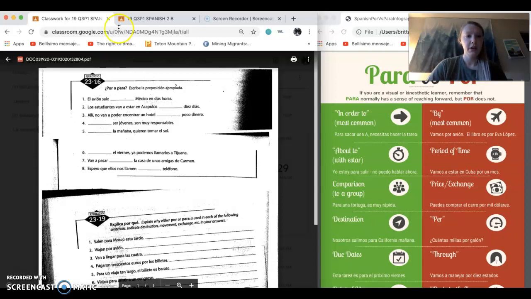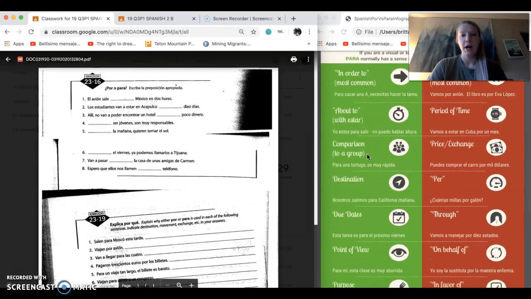Okay, so number 1, hopefully you guys can see my mouse. It says El avión sale blank por México en 2 horas. Okay, so we have to figure out if this is por or para, and then you're going to tell me why. So it's saying the plane leaves blank Mexico in 2 horas. If we look over here at our para versus por notes, Mexico is our keyword here.